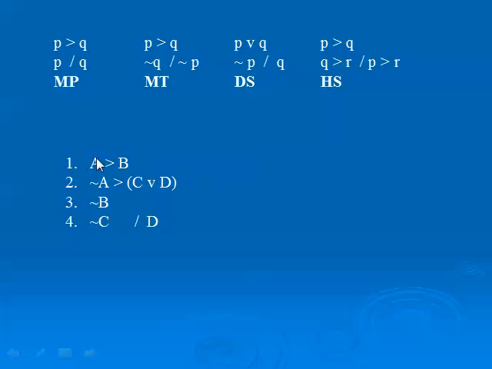We look at these various statements, and we see, for example, that tilde B is the consequent of line 1. That means that tilde A is going to be true, because line 3 and line 1 fit the pattern called modus tollens.